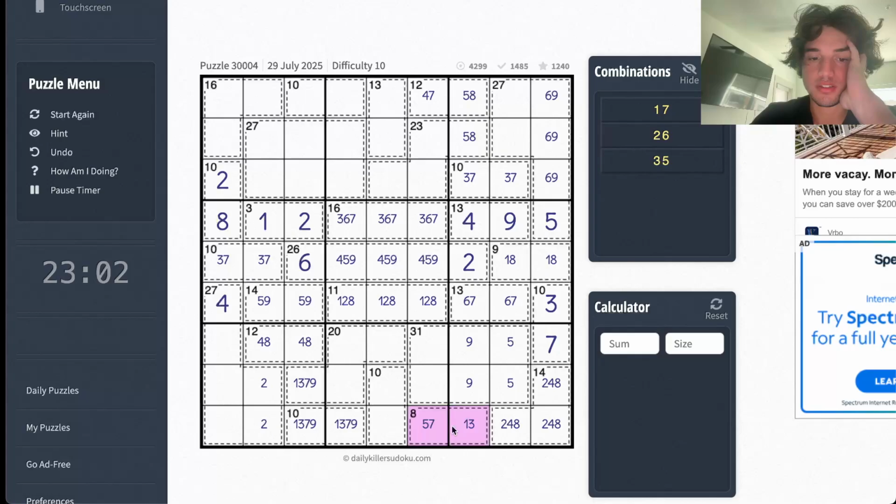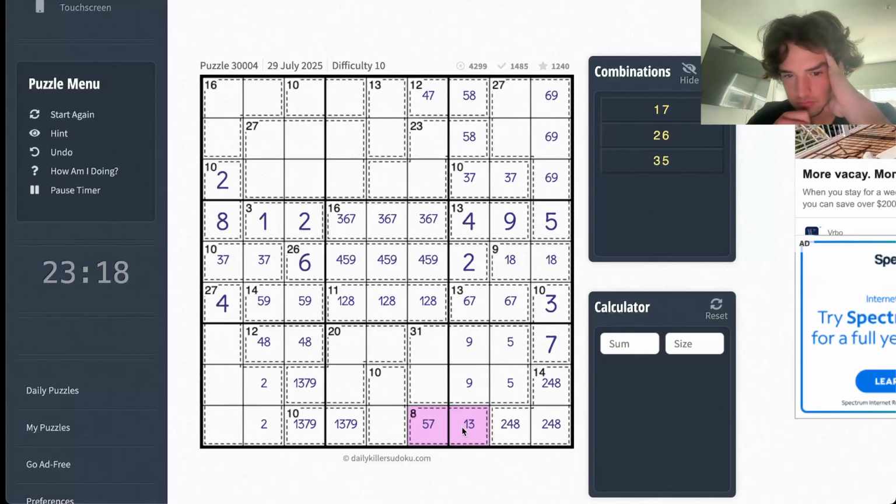I feel like I just did this really wrong. That's not a 2 4 8, is it? We use this logic. I think it still works.